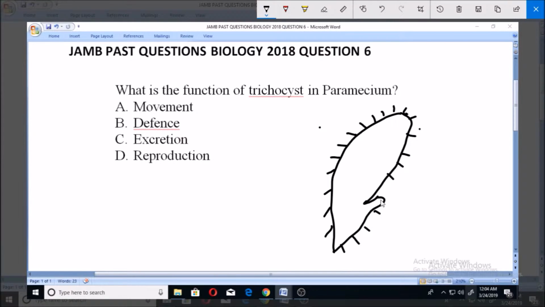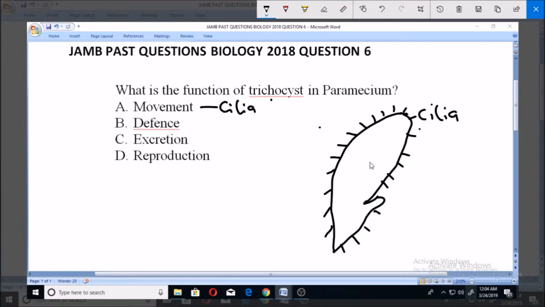And these are called cilia, and this cilia is used for movement. Cilia is used for movement and getting food, both movement and getting food to the paramecium.